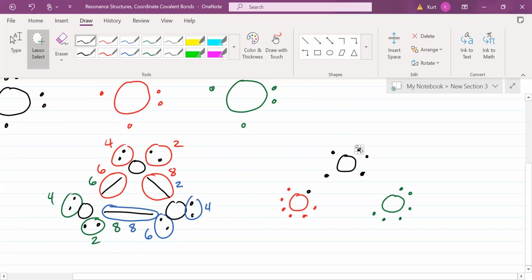This electron over here is going to come over here, form a bond. This electron over here, if I can move it, is going to come over here, form a bond. Put that there. Actually, hold on.